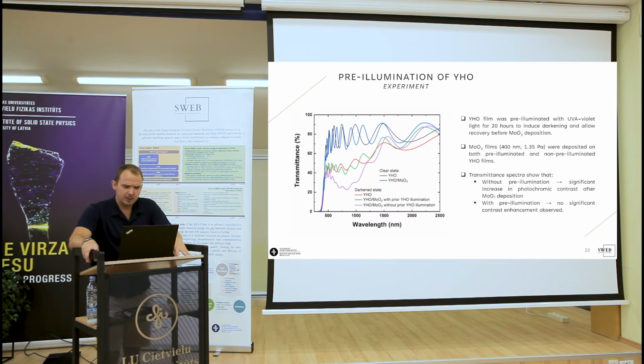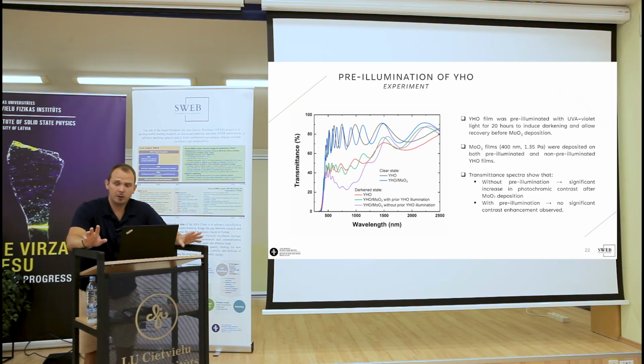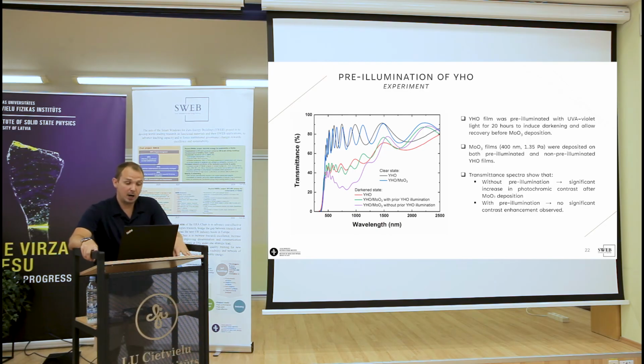Then we did an experiment. If hydrogen is actually released mainly during the first illumination, we decided to produce two films. Yttrium oxide hydride, again completely the same, but before covering it with molybdenum trioxide, one of them was illuminated for a long time, and we let the film recover to its initial state, and only then we covered it with molybdenum trioxide.